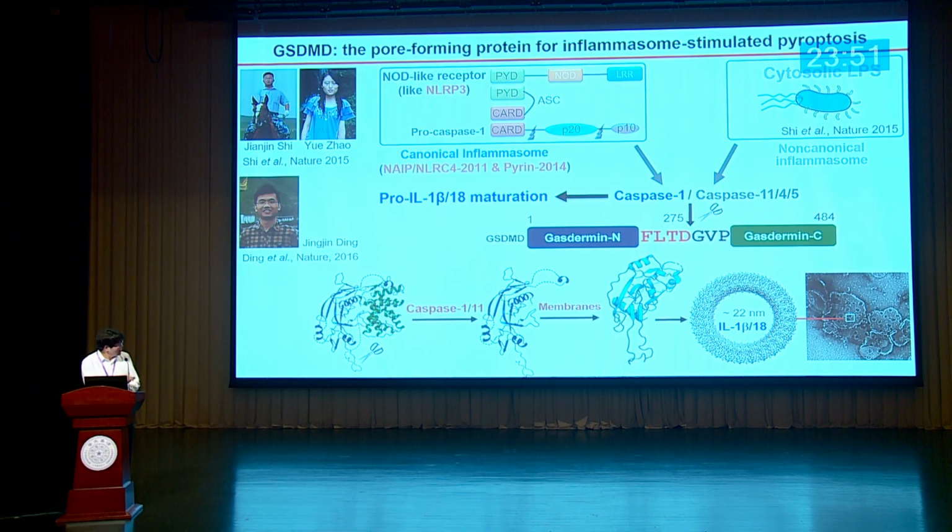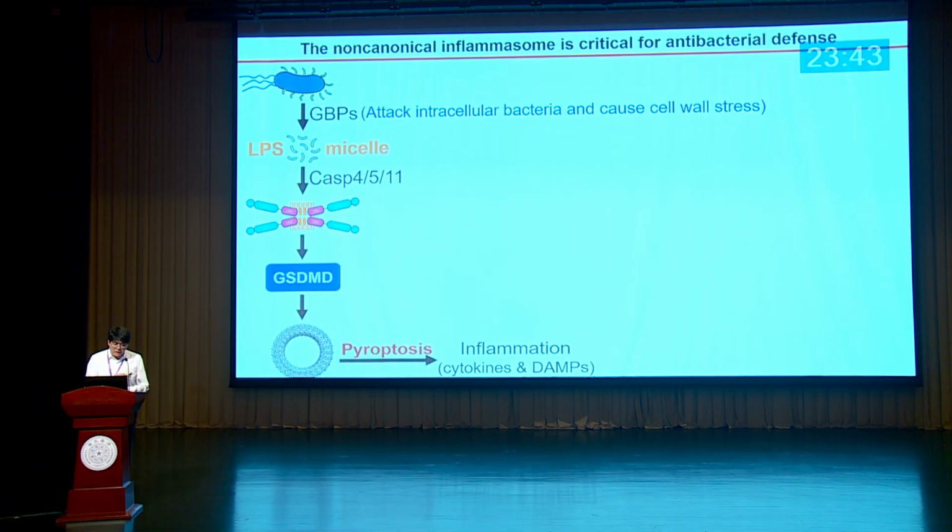For the non-canonical pathway, it seemed that the caspase only cleaves gasdermin D. As you can see, in this non-canonical pathway, caspase-4, 5 and 11 recognize LPS leaking from intracellular bacteria. So this pathway plays a key role in antibacterial defense.